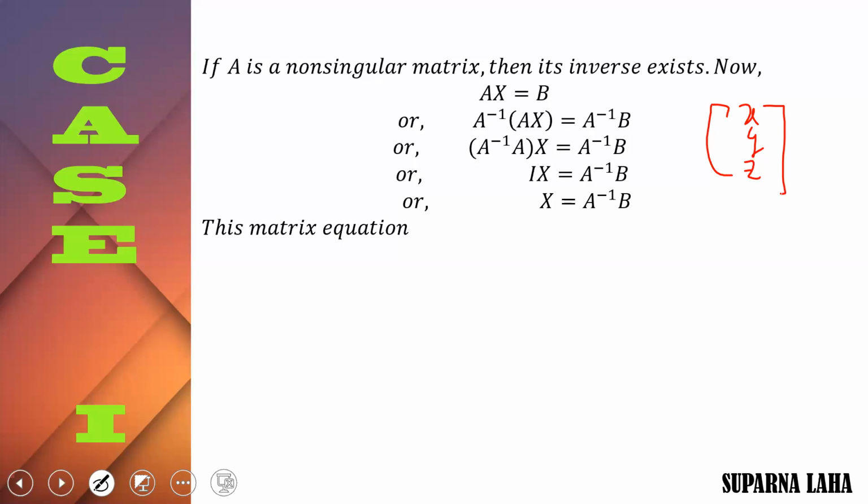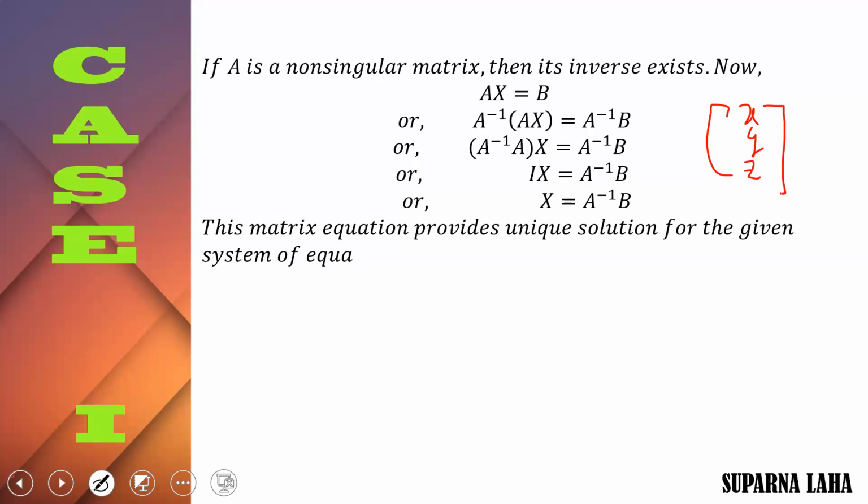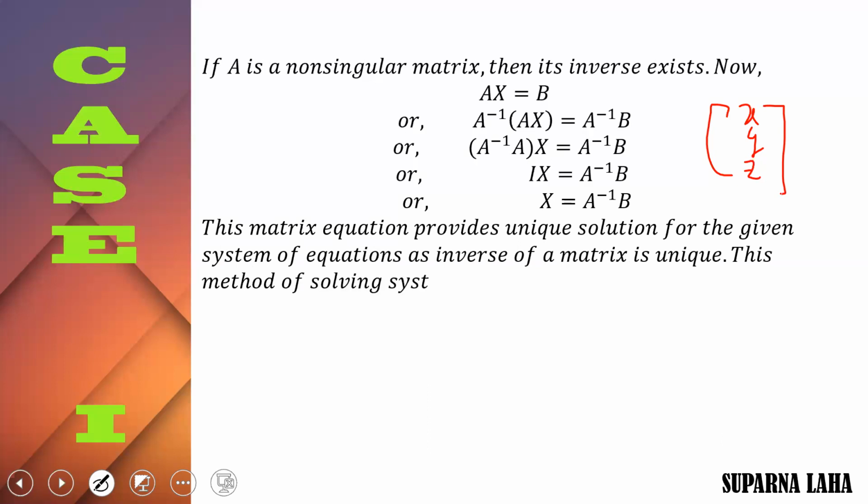Okay, so this is the solution by the inverse of a matrix. This is the solution of the system of linear equations. And in that case, a unique solution exists.